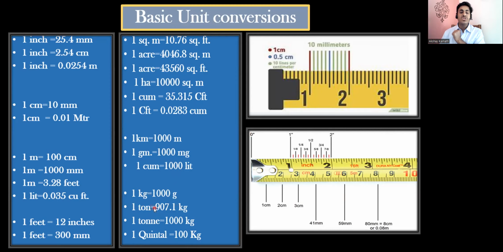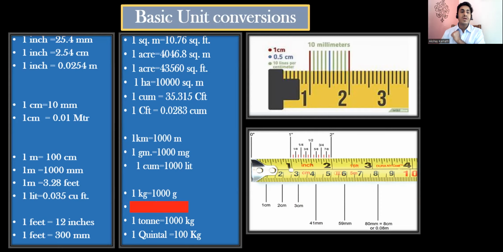One is in British units and the other one is in US units. That is why there's a slight difference of 907. Forget about this. Let me strike it out. So the difference is that one is in US units and the other one is in British units, I feel. So that is why it is 907 and 1000 kg. You have to remember 1 ton is equal to 1000 kg, right?